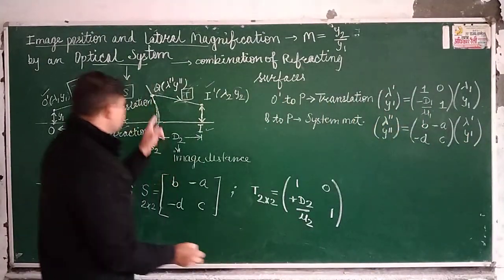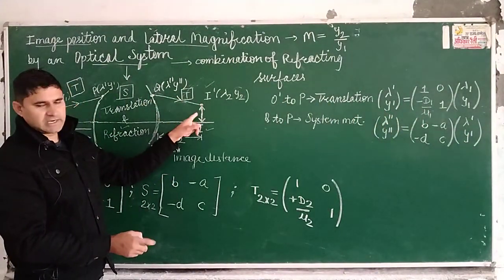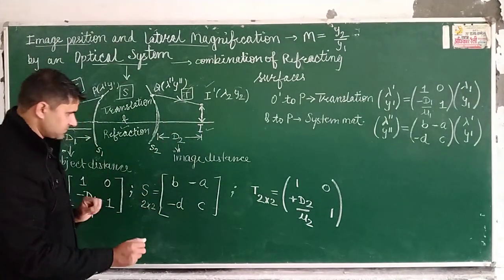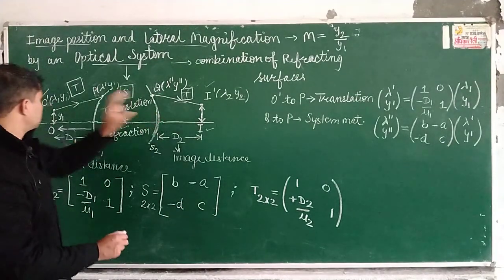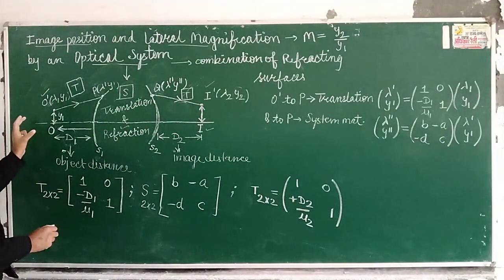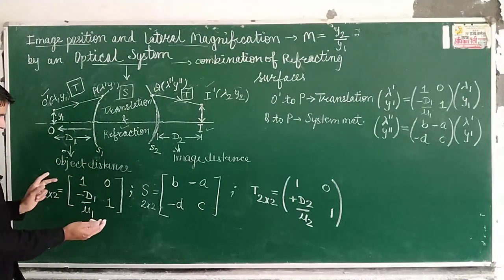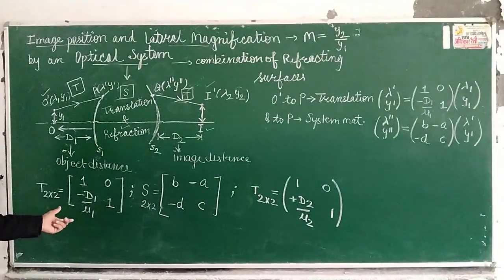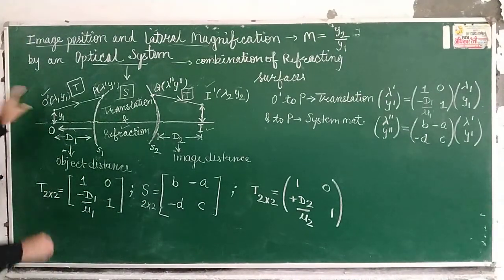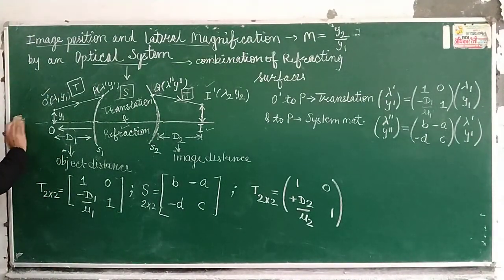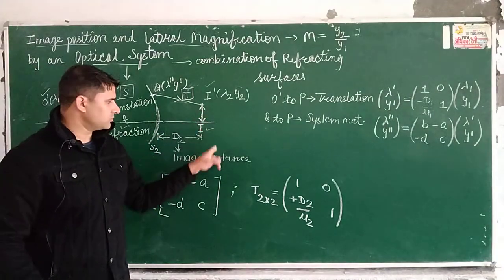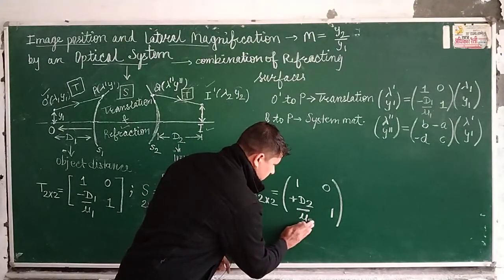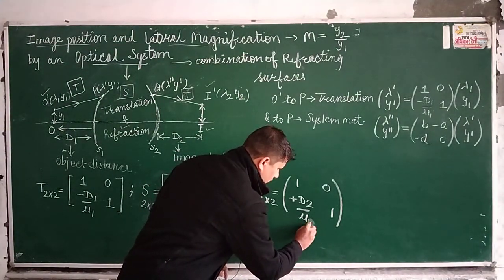Now from Q to I dash there is again translation. If we assume that the object and the image are formed in the same medium, then you have to take this to be 1.